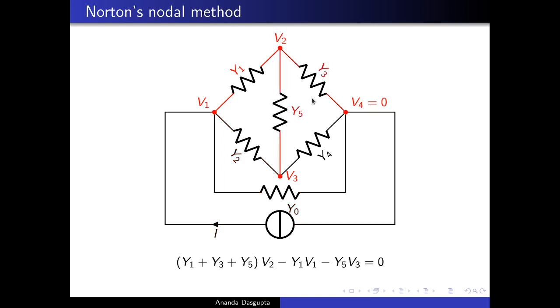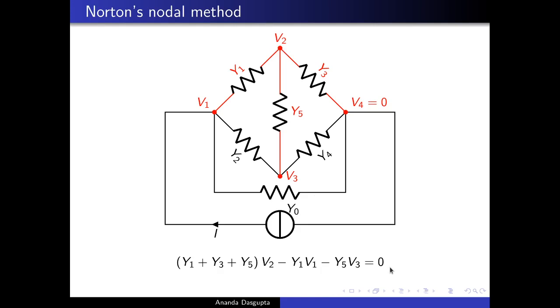So the equation will simply be Y1 plus Y3 plus Y5, the sum of these three admittances into V2, minus V1 into Y1. So the other voltage which is joined to it has to be multiplied by the admittance which is joining it. So minus Y1 V1 minus Y5 V3. Of course, also minus Y3 V4, but Y3 V4 is 0, and no current is going into this node. So this net current going out is equal to current going in, which is 0.